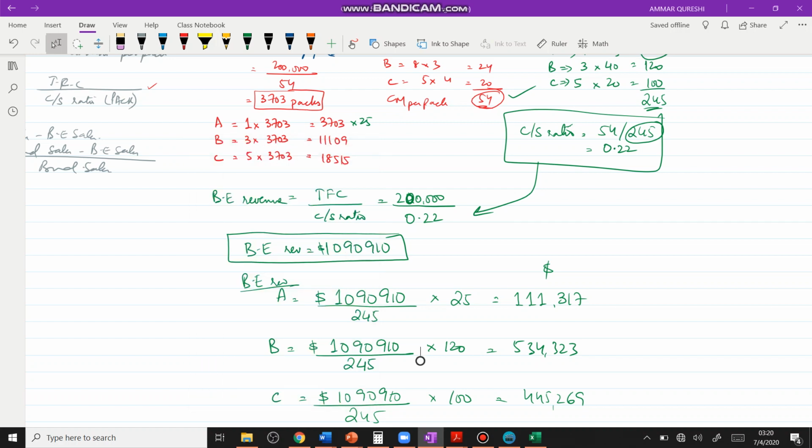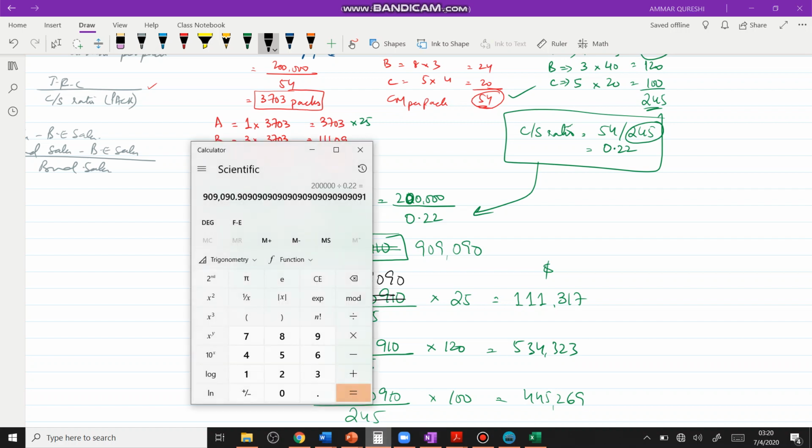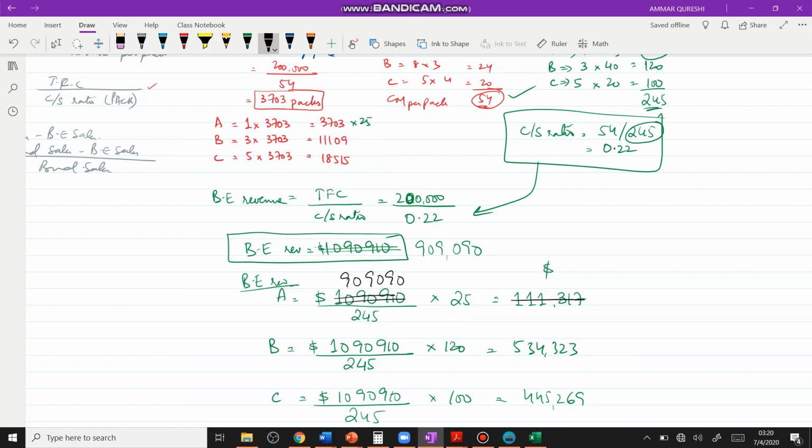It's 9099090. I'm just correcting one figure. 9099090 divided by 245 times 25 is 92764, right?